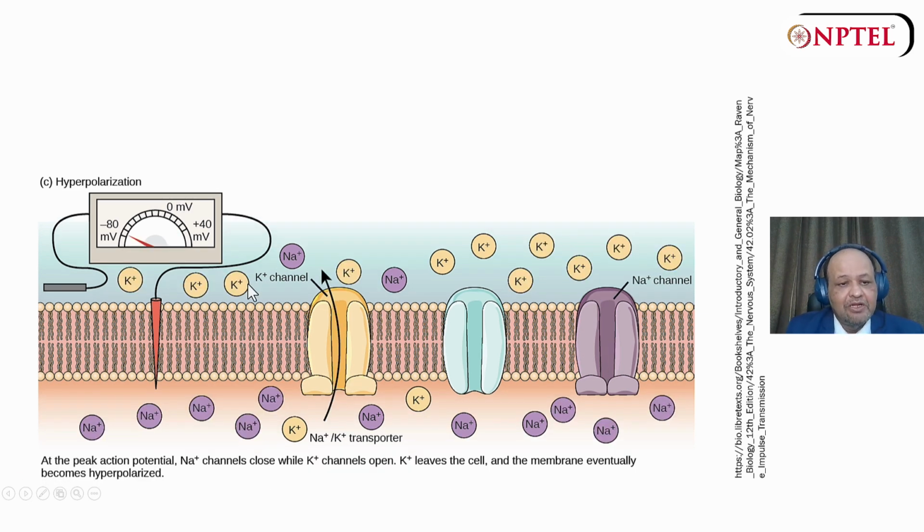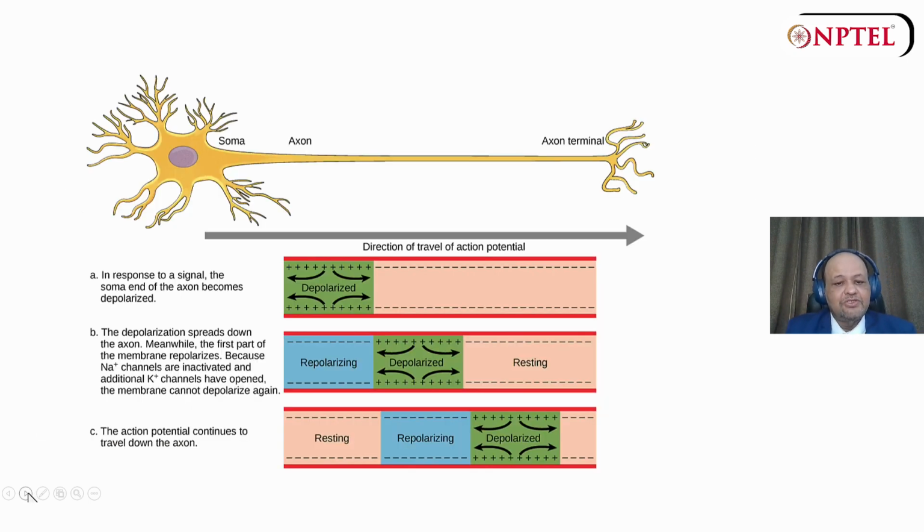In the hyperpolarized state, again it leads to a voltage of minus 70 millivolts, and the potassium ions which are outside would try to get in, and the sodium is present in the nerve membrane.